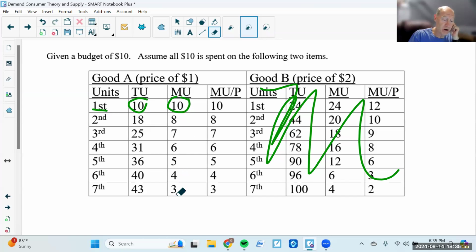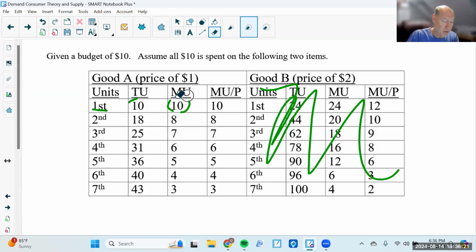Because of the law of diminishing marginal utility. So it's only giving me 8 additional units of satisfaction. In total, I now have 10 plus 8, which is equal to 18. I have a third unit. It's going to give me 7 more units of satisfaction. So now I have a total of 10 plus 8 plus 7, which is equal to 25.